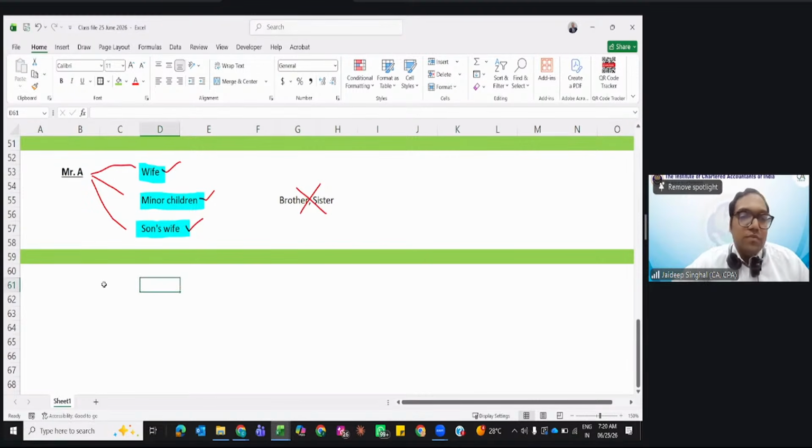There are two types of sections. We will study clubbing in section number 60 to 63, and there is one more section, section 64. 60 to 64 is the clubbing provision.